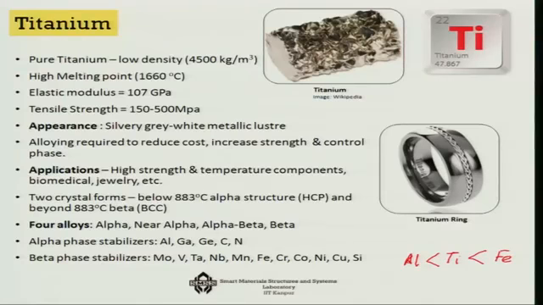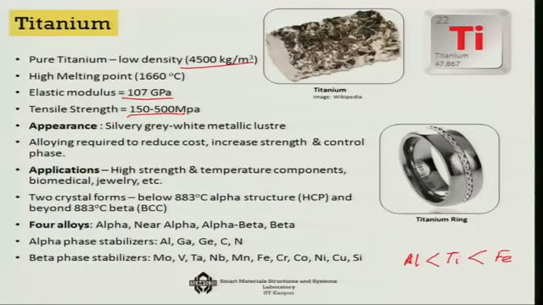It is about 4500 kg per meter cube. Its melting point is quite high, 1660. Elastic modulus in pure form is also higher than aluminum, but lower than steel. Tensile strength is about 150 to 500 MPa.